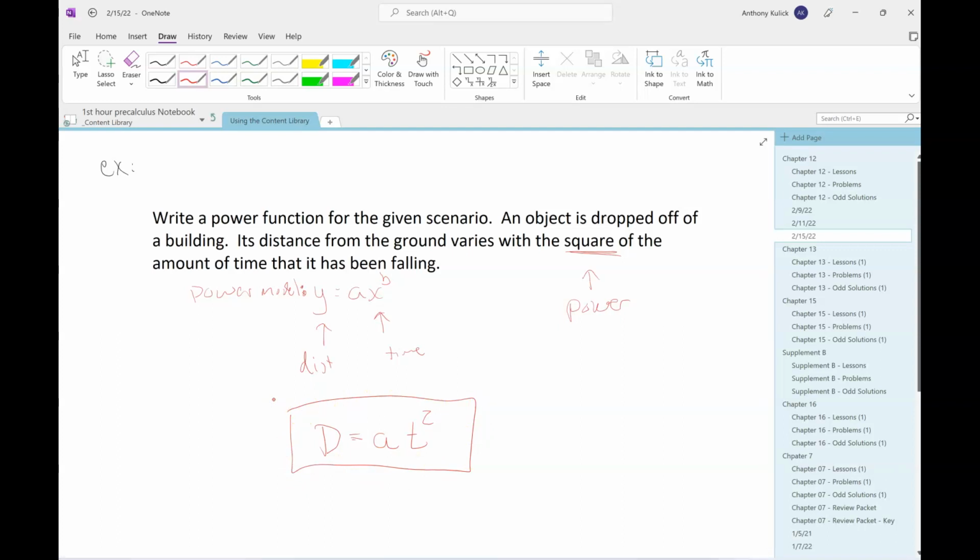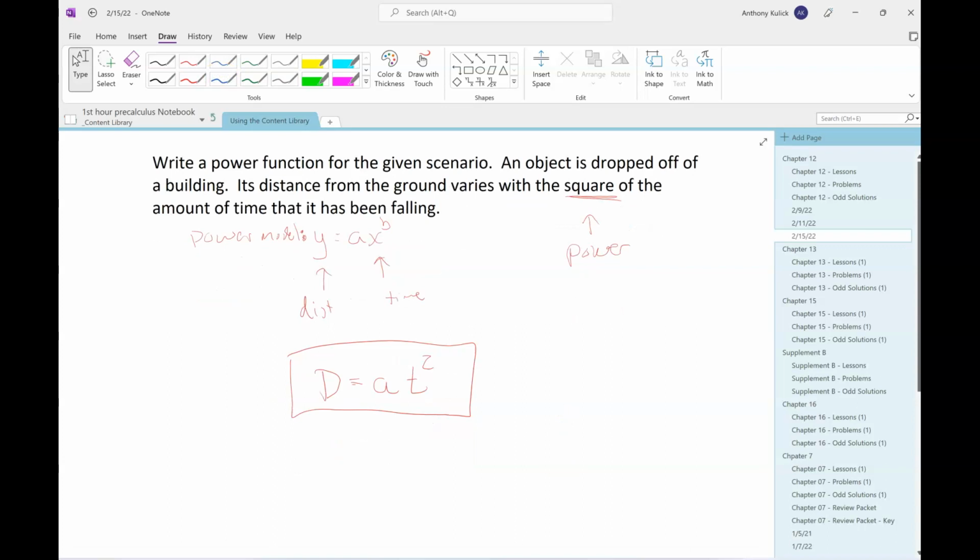Those of you in physics should recognize this. What is the actual value for the A here? Does anybody remember? Negative 9.8 meters per second squared, or negative 16-ish feet per second squared. Just the constant due to gravity.